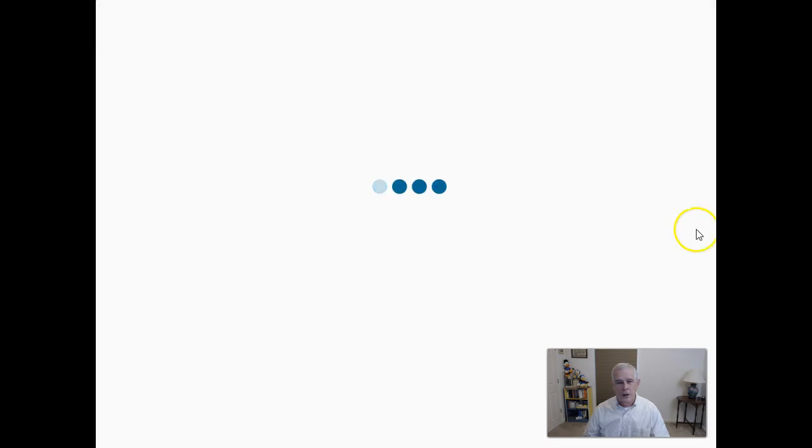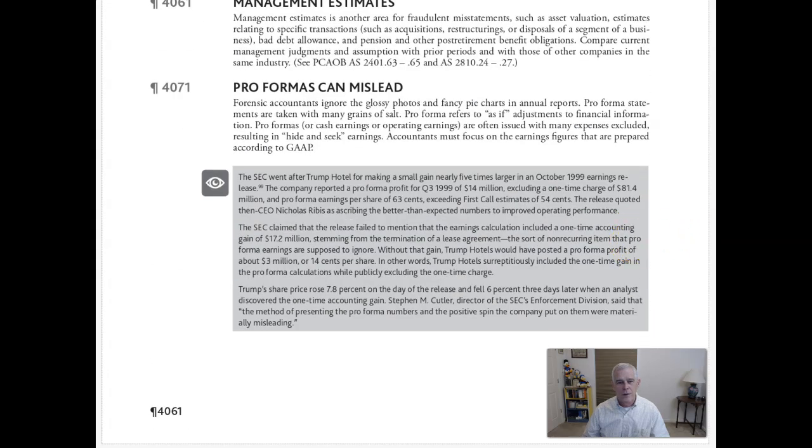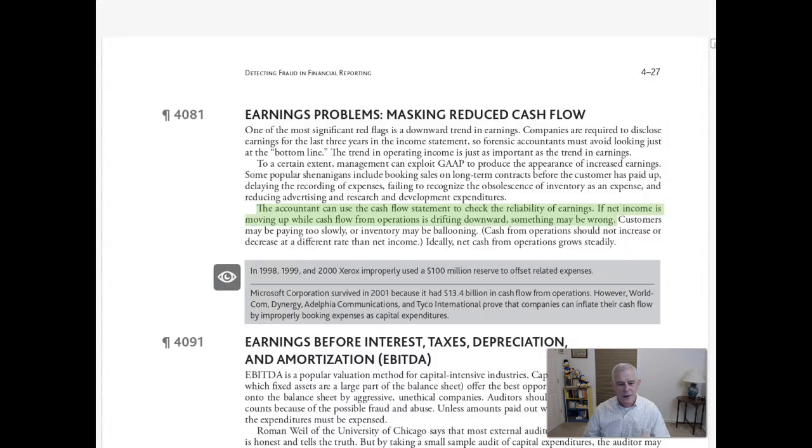Let's take a look at the next one. Now 27. Yes. Going back again to cash flows. I talked about this before. If net income is moving in a different direction than cash flow, that is something that needs to be, let's say, looked at closer.